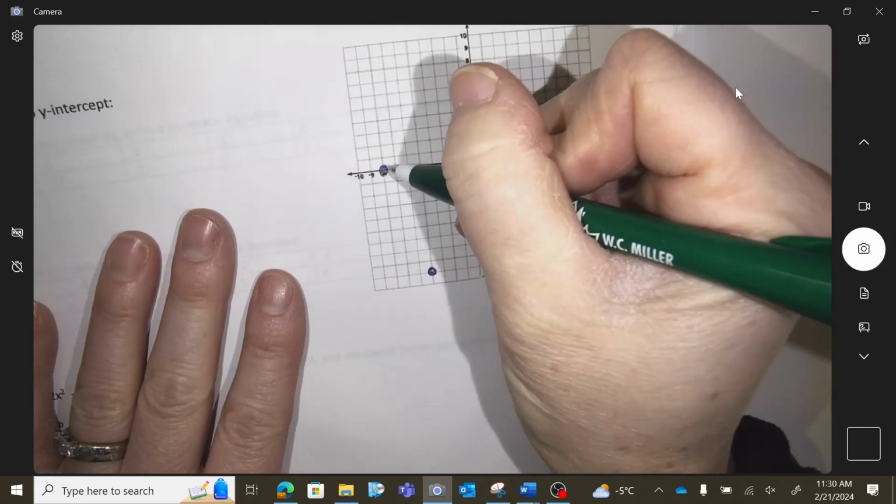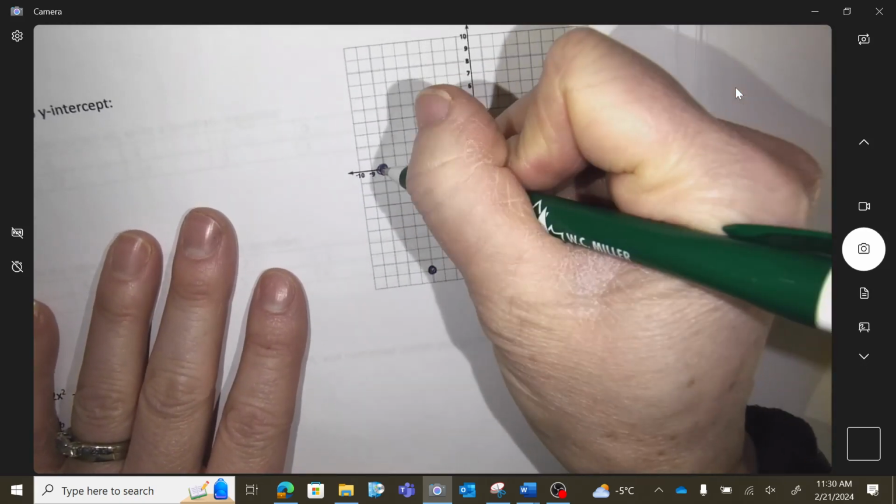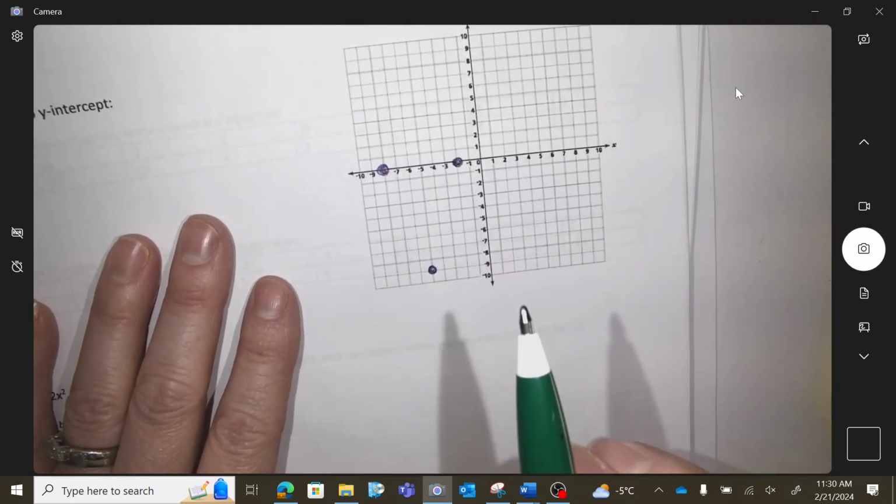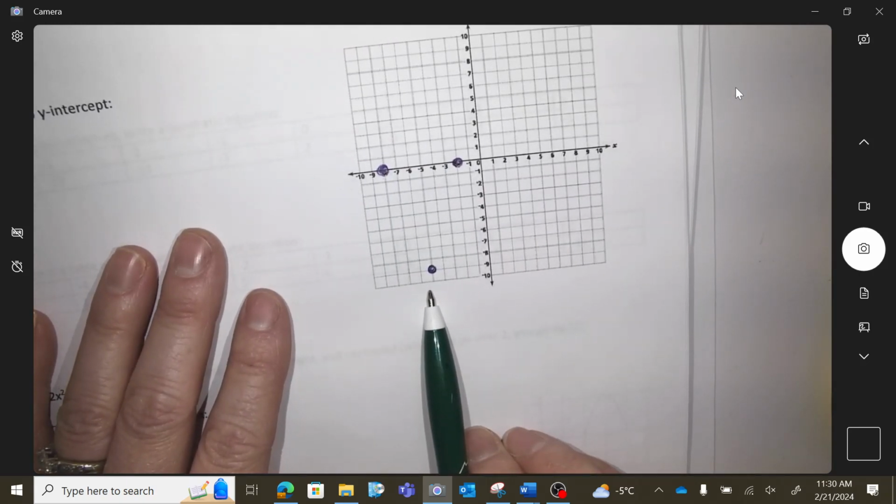Okay, so this is what I have. I have a -2, a -8. Those are my x-intercepts. We have a vertex.